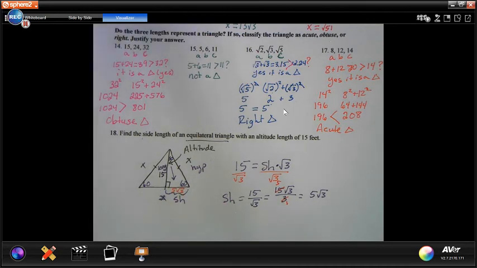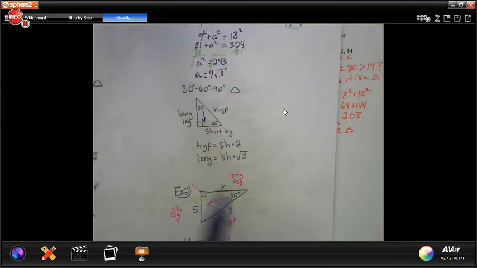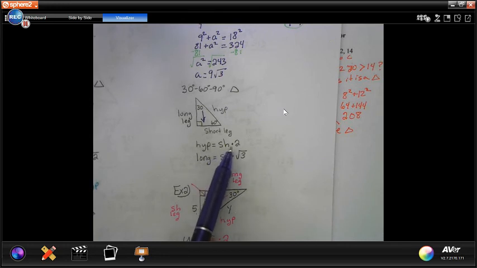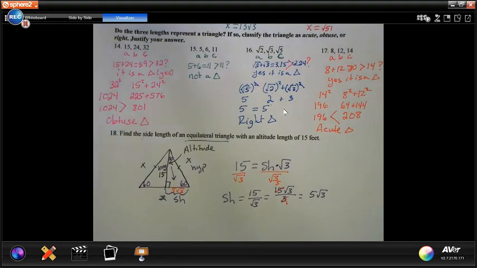But that's not my answer. That's not x. Because remember, that was not our variable. Our variable is not sh. X is the hypotenuse. So we have to use the hypotenuse formula. Hypotenuse equals short leg times 2. Okay, so our hypotenuse, I called it x. X equals short leg. Now, I called it sh, but now I know that it's 5 radical 3.